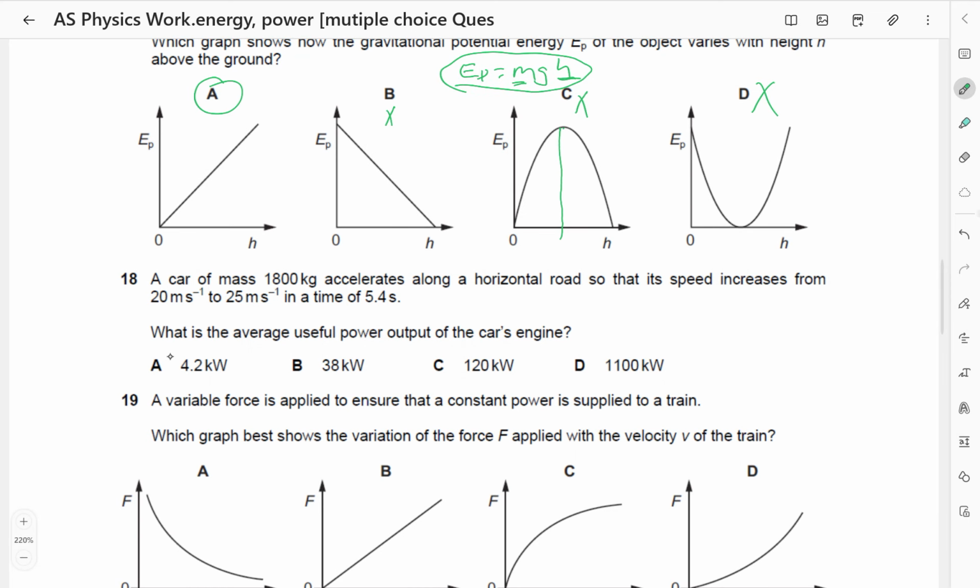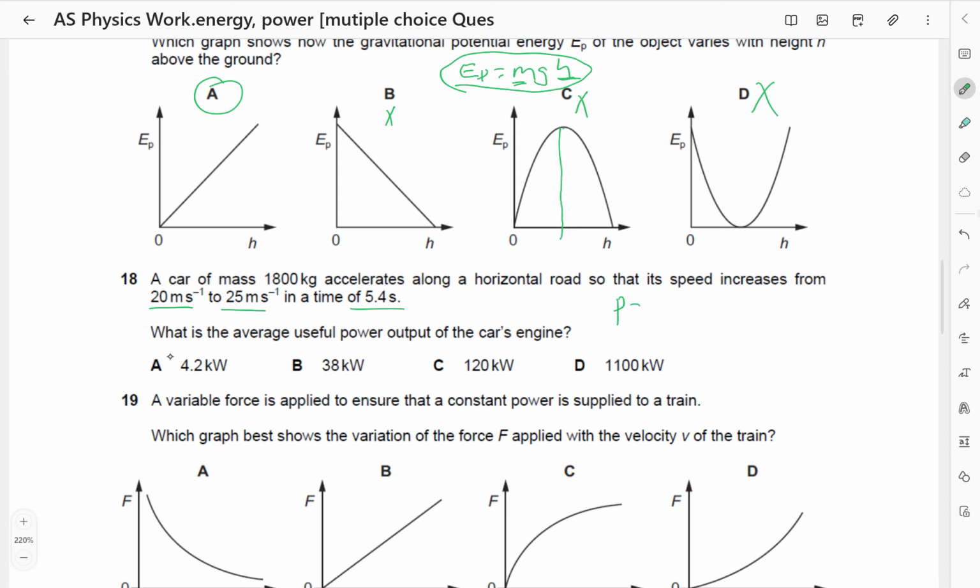A car of mass 1,800 kilograms accelerates along a horizontal road so that its speed increases from 20 meters per second to 25 meters per second in a time of 5.4 seconds. What is the average useful power output of the car's engine?